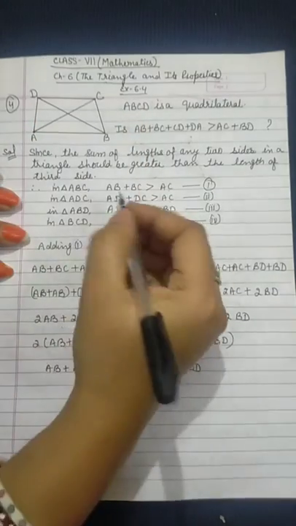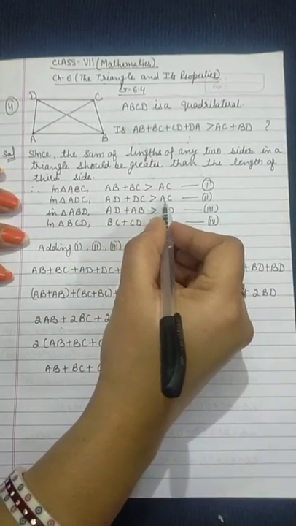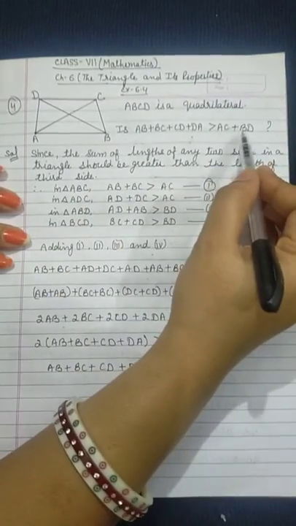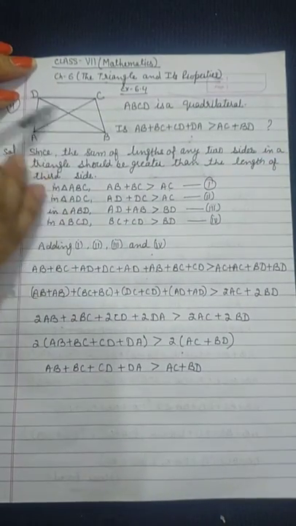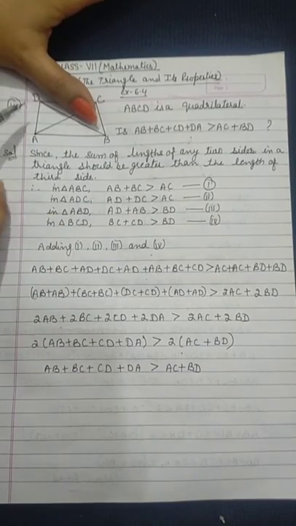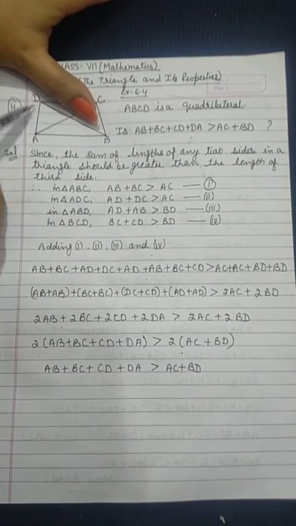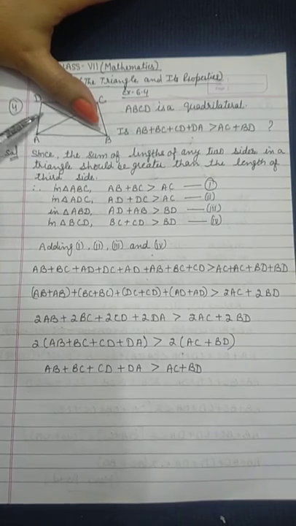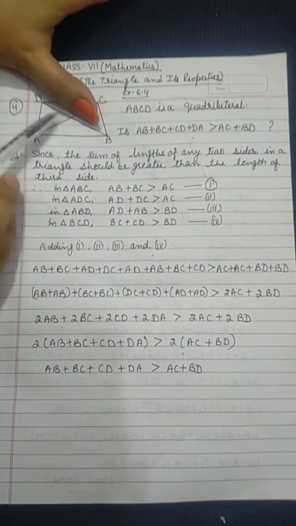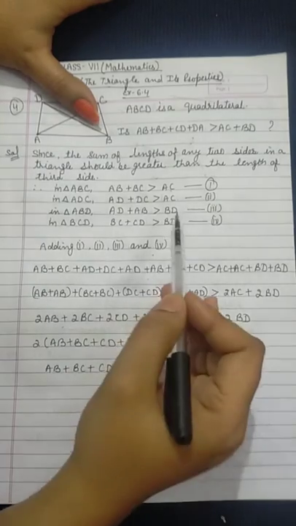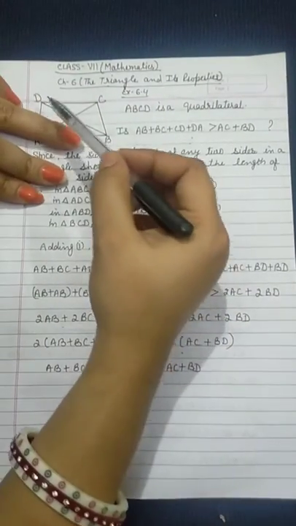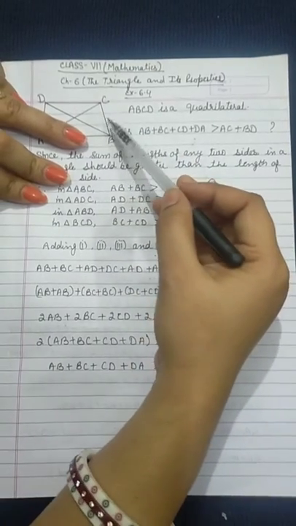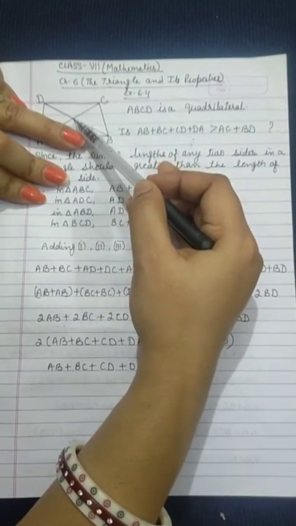I have written AD plus DC is greater than AC. Then I will move to BD, which is a diagonal here. Take triangle ABD first. In triangle ABD the sum of AD plus AB, both sides, is greater than the third side, that is BD. Then I will take triangle BCD. In this triangle again the sum of BC plus CD is greater than BD.